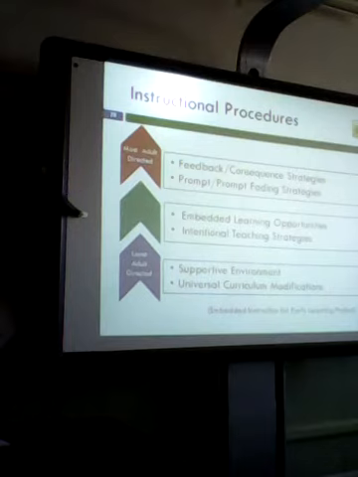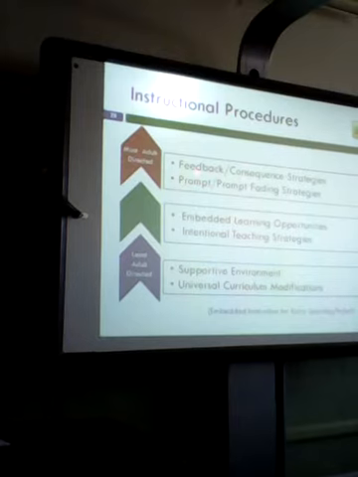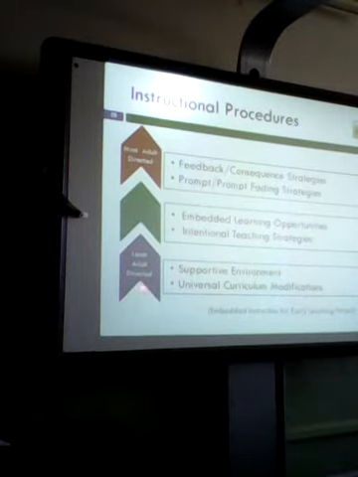But if we just look at this graphic, and we look at where we have most adult-directed, what that looks like, so feedback and consequence strategies, prompt fading strategies. Here's where we're working away from the most adult-directed, so you have some embedded learning opportunities, intentional teaching strategies, and then we have the least adult-directed.